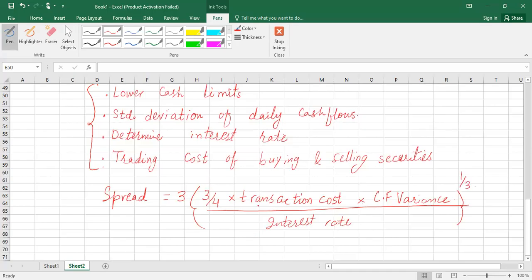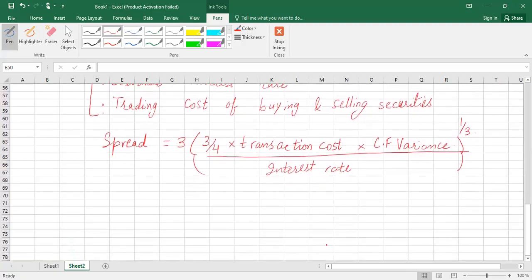This is the spread, where we are calculating what? We are calculating the difference between the upper limit and the return point.